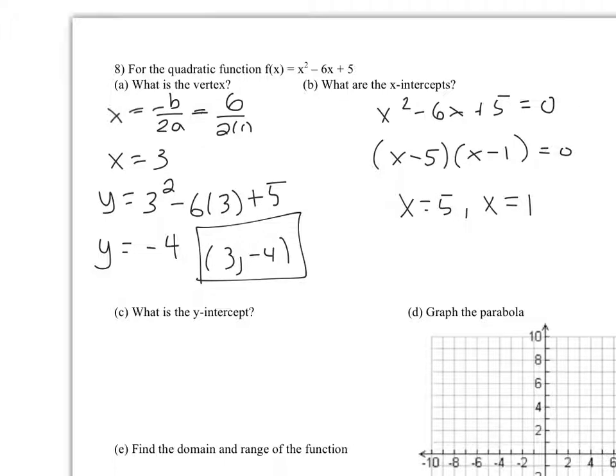And then to get the y-intercept, just like we have a couple other times, we'll find f of 0. And 0 squared minus 6 times 0, all that's 0, so it ends up just being 5.